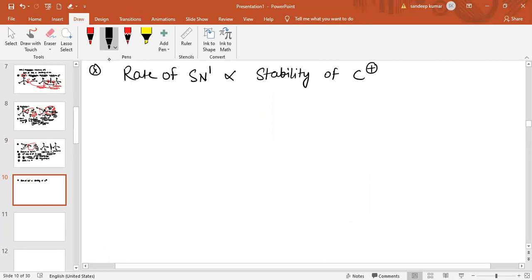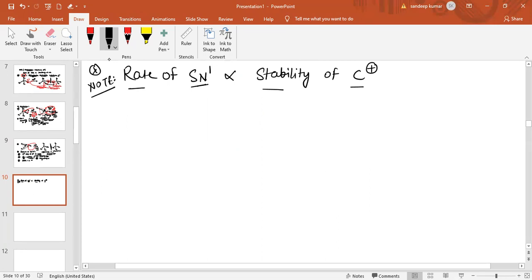More stable carbocation means more rate of reaction, a faster reaction. So please note this point. This is very important. Questions have been asked in the examination from this point.